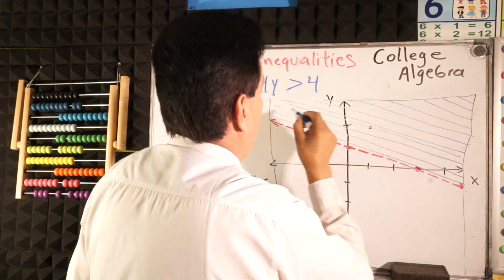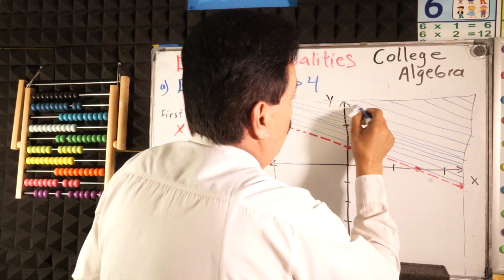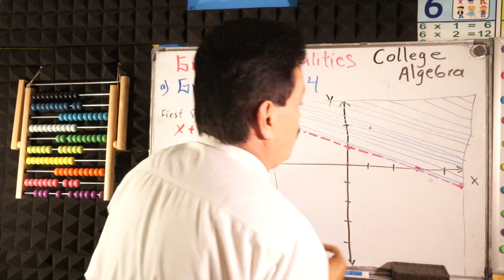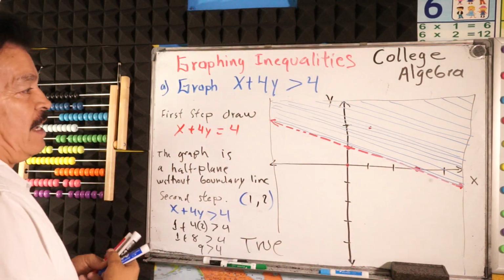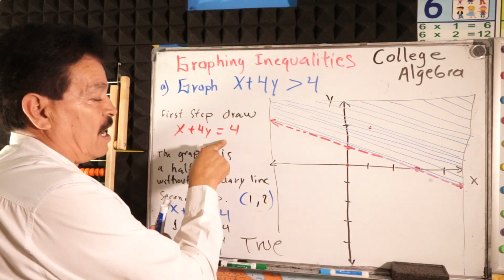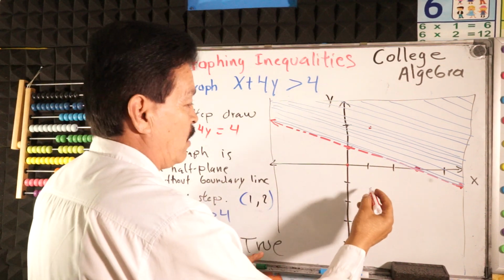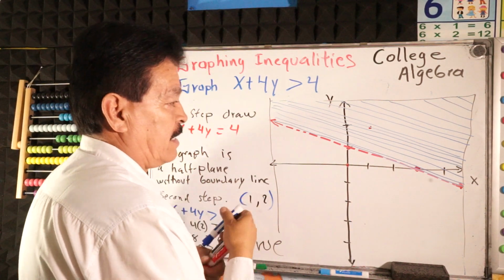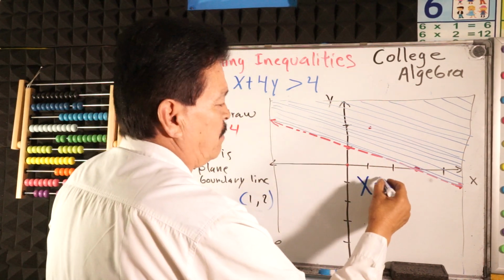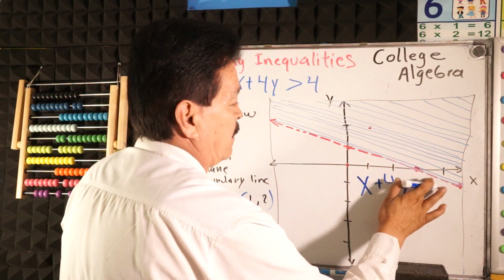When you graph inequalities, you need to know this: where is the area we are talking about? All right. So now, the conclusion. First, draw the graph, and the last step is to make the graph. So the graph right here says x plus 4y greater than 4.